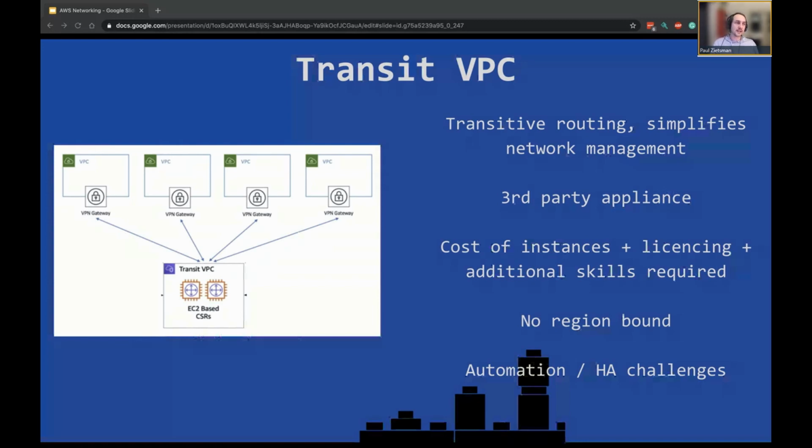Something these appliances also brought to the table that was pretty cool was layer 7 security. So you could do packet inspection, intruder detection or prevention. Those are some of the benefits this architecture brought companies.